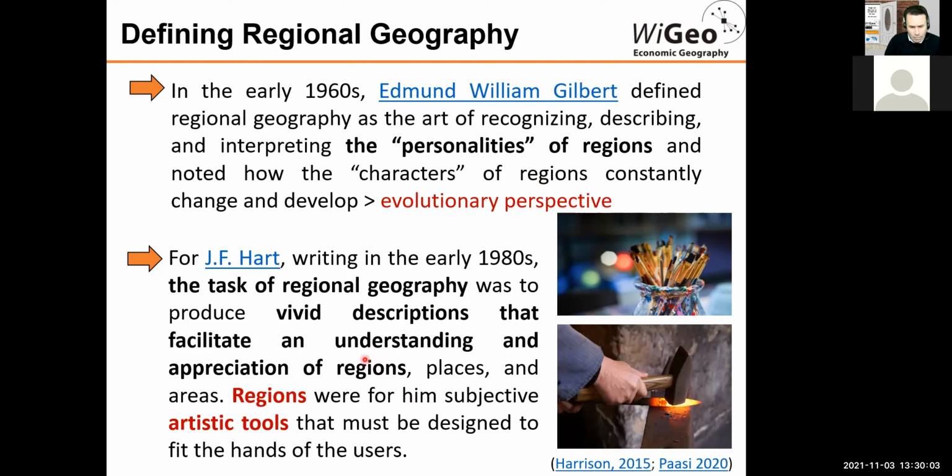And Hart, writing in the early 80s, has as his key message that regions are subjective artistic tools. So it goes far beyond the political, the social, and the cultural organization.